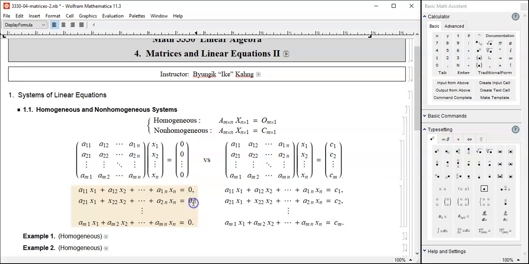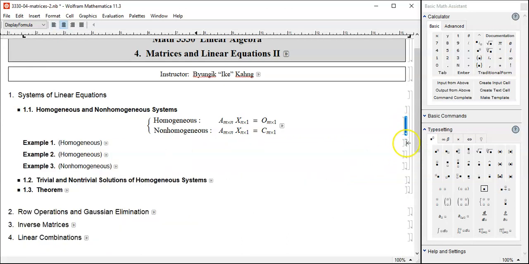Repeat it for the next row, all the way up to the mth row, and you get this expression. So this matrix equation and this system of linear equations are the same. Same goes for this one and that one. The only difference is C1, C2, C3 all the way to Cm, and not all of them equal to 0. Those are non-homogeneous.